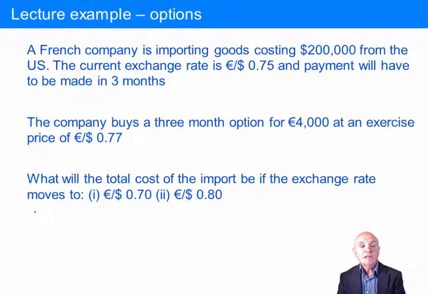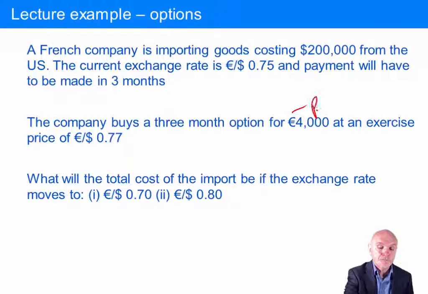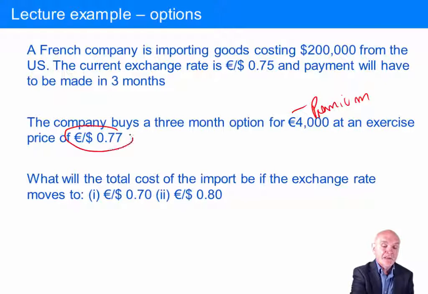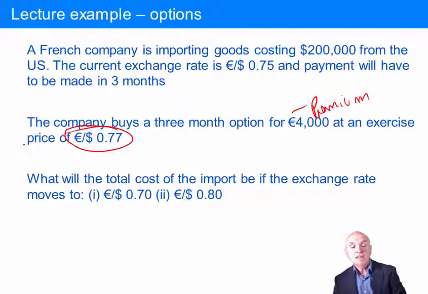The company buys a 3-month option for 4,000. That's the premium, this 4,000. At what's called an exercise price of 0.77 euros per dollar. In other words, this is an exchange rate it can insist on if it wants to insist on that.